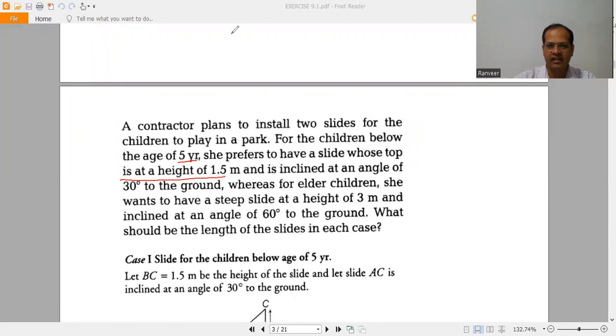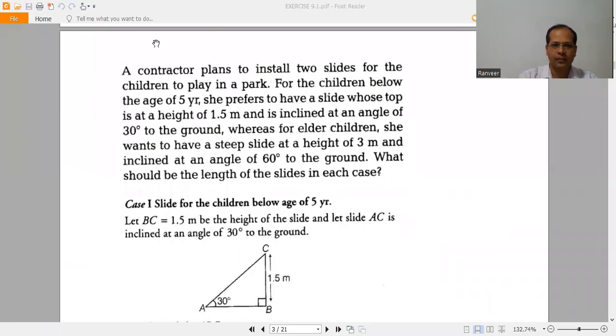So the first height is given for the children below 5 years. According to this, this length is 1.5 meter and it is inclined at an angle of 30 degree to the ground.